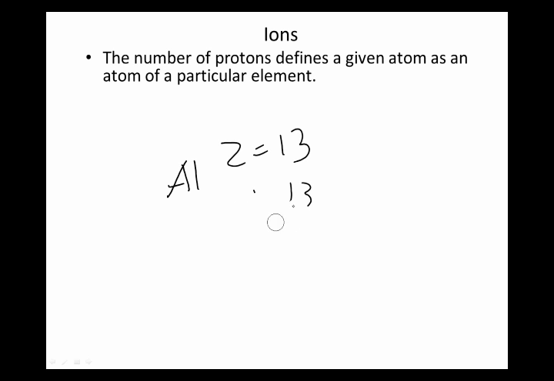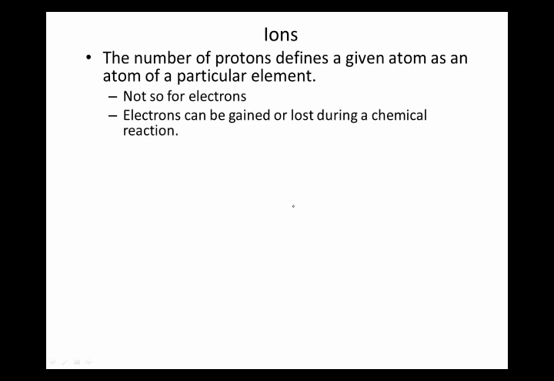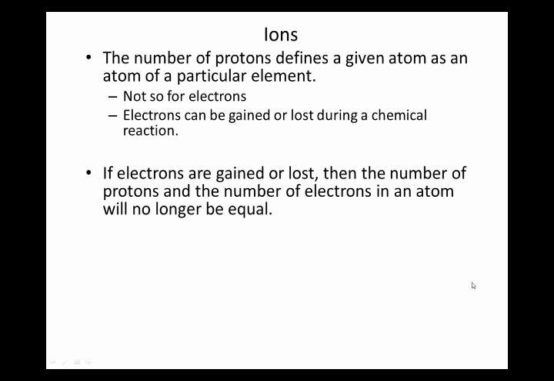That's the only way it can have no charge. What can happen, though, is electrons can be gained or lost during a chemical reaction. This is how we get ionic bonding. If electrons are gained or lost, then the number of protons and electrons wouldn't be equal anymore.